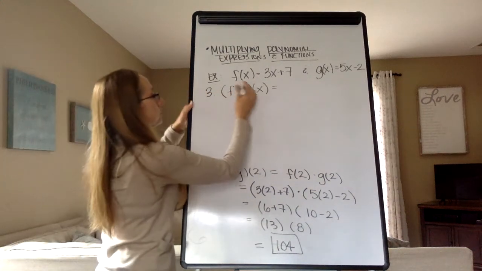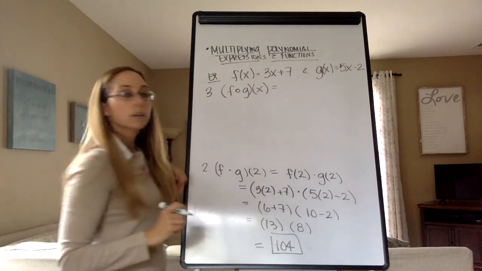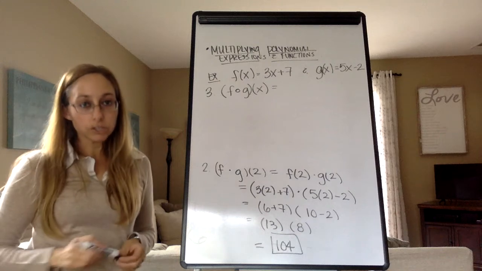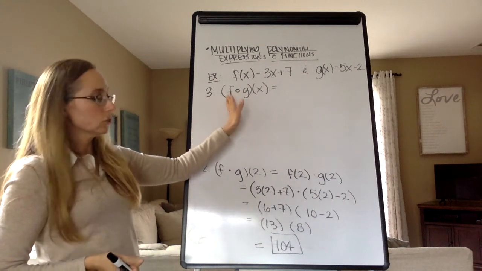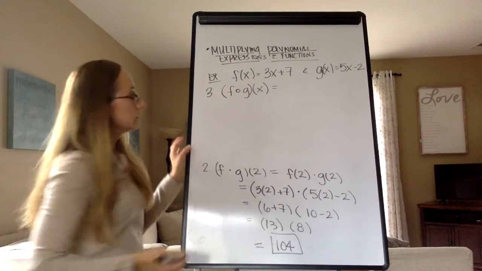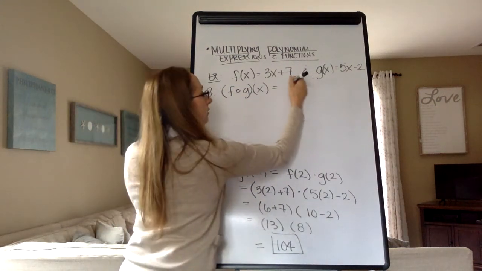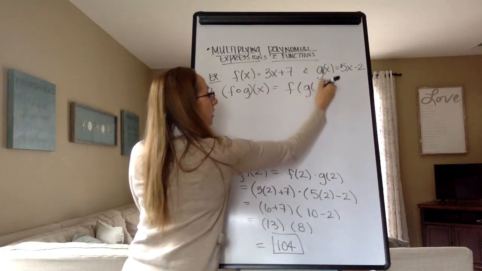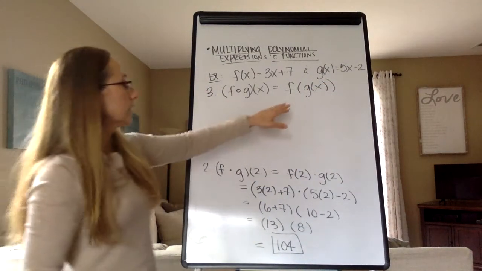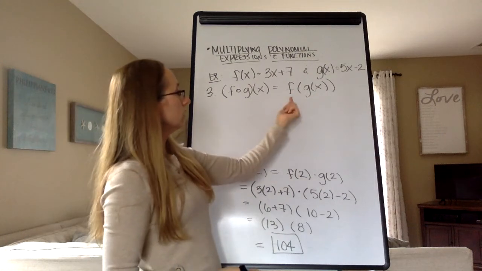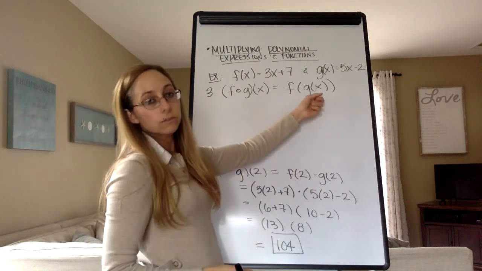This is an open circle, which means it's a composite function. It means you're evaluating the function f at g of x. So this is saying f of g of x. We went over composite functions prior. So f of g of x means evaluating the function f at the value of g of x.